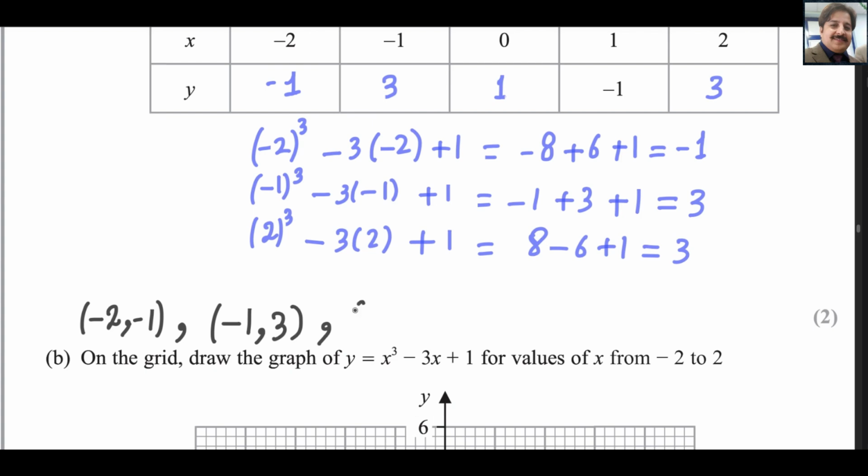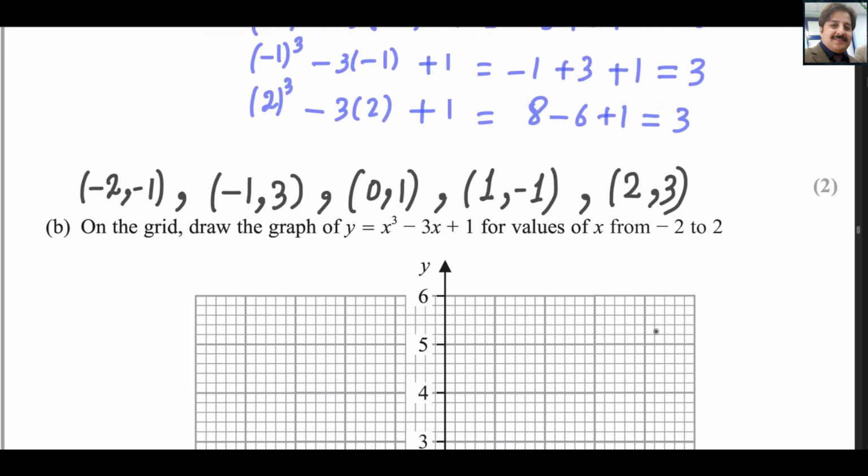Third point will be 0 and 1, fourth point will be 1 and negative 1, and fifth point is 2 and 3. So we can draw these points on this grid easily.